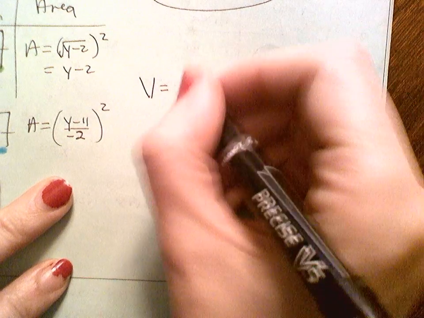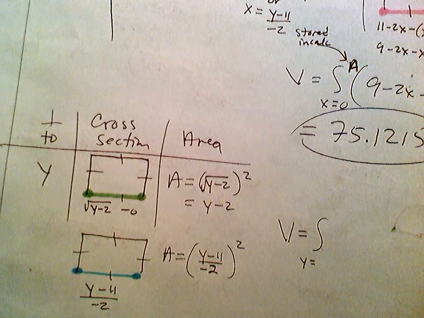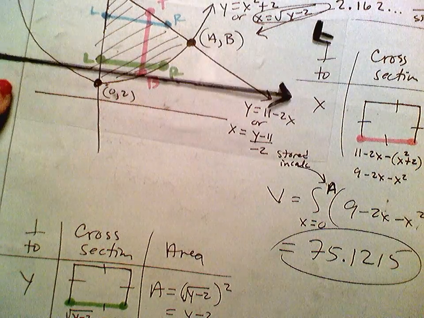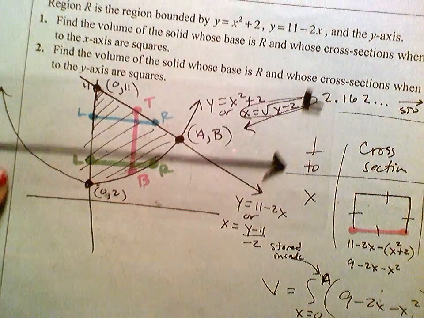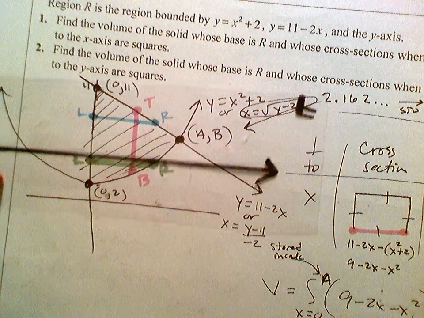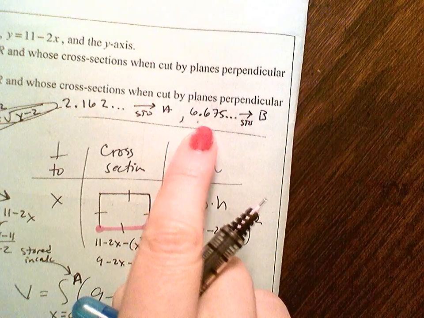So the volume equals the integral from y equals, so right now we're on this portion of the region. The lowest y value is 0 and the highest y value is b, which remember is approximately 6.675.